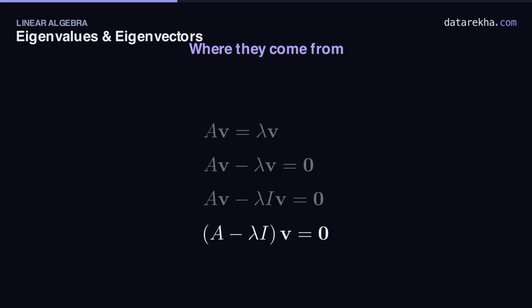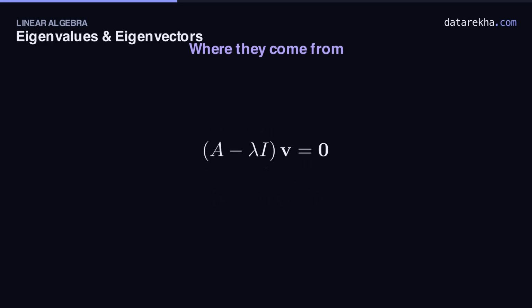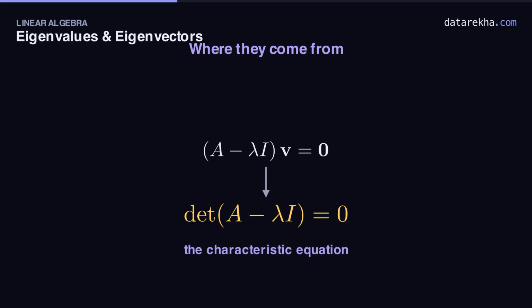We're left with the matrix A minus lambda I sending a non-zero v straight to 0. A matrix can only crush a non-zero vector down to 0 if it is singular. And a matrix is singular exactly when its determinant is 0. That equation has a name, the characteristic equation. Its solutions are every eigenvalue the matrix has.